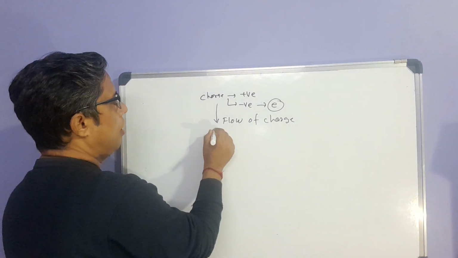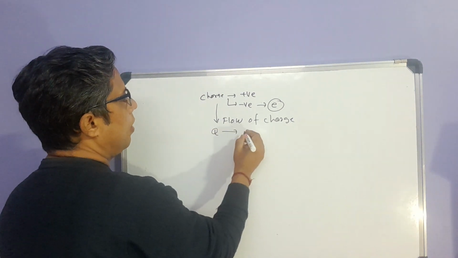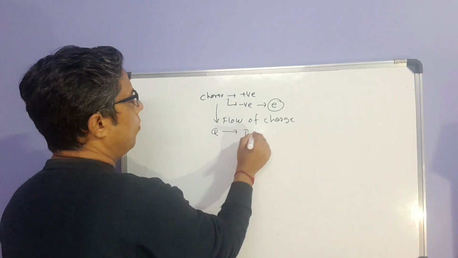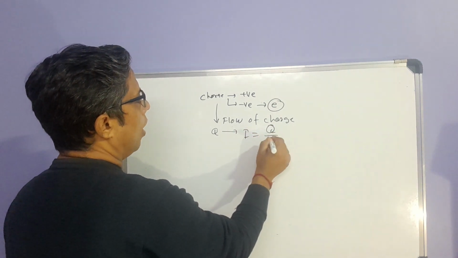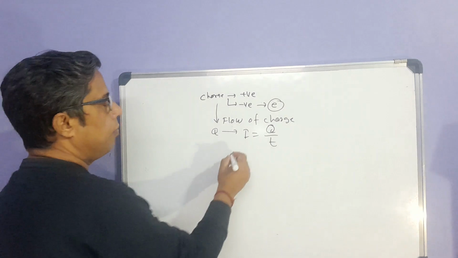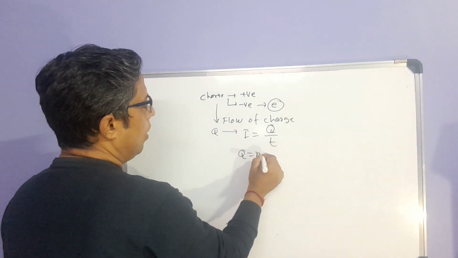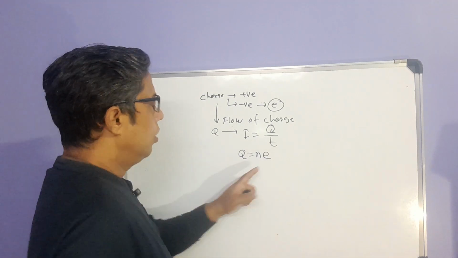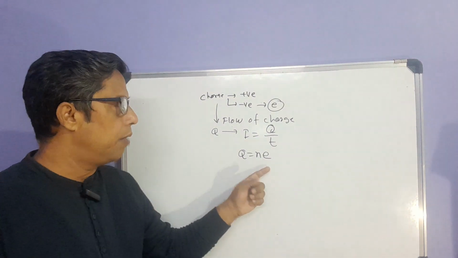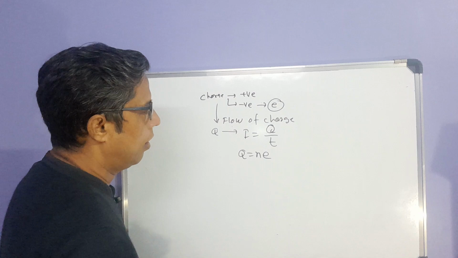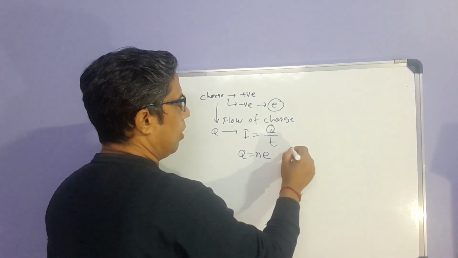Charge was Q. So current will be charge by time. If I have N charges, then Q will be N E, where E is the charge of one electron. If I have n number of electrons in a conductor, now what is a conductor?